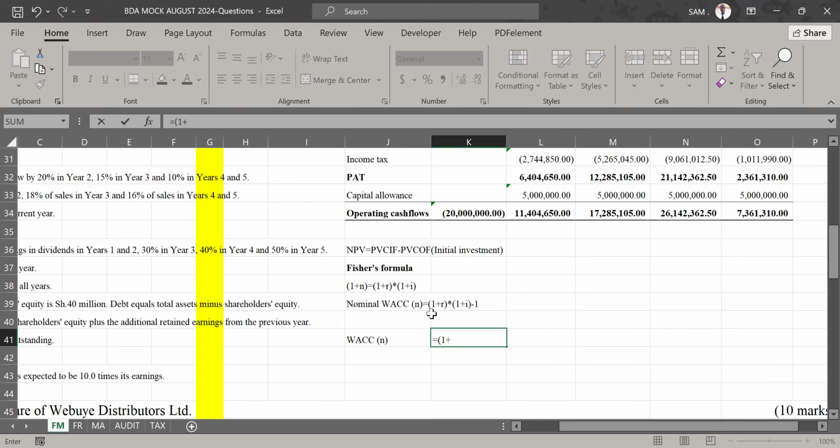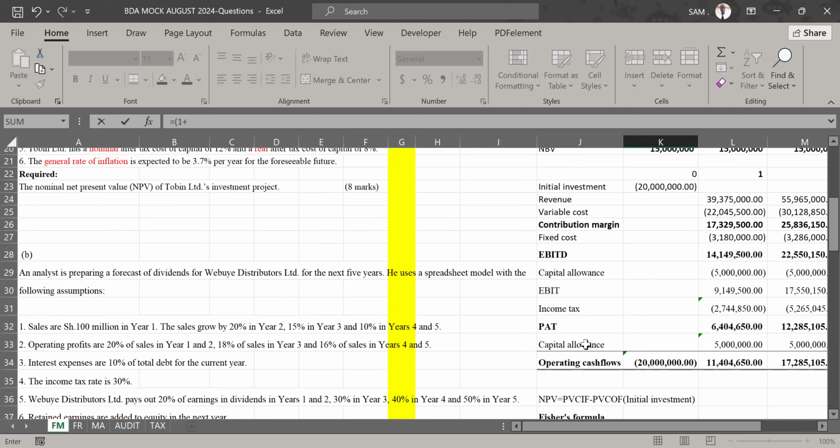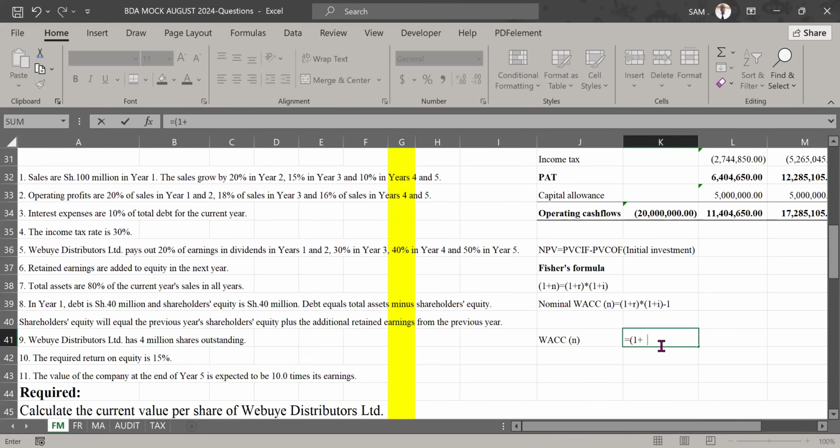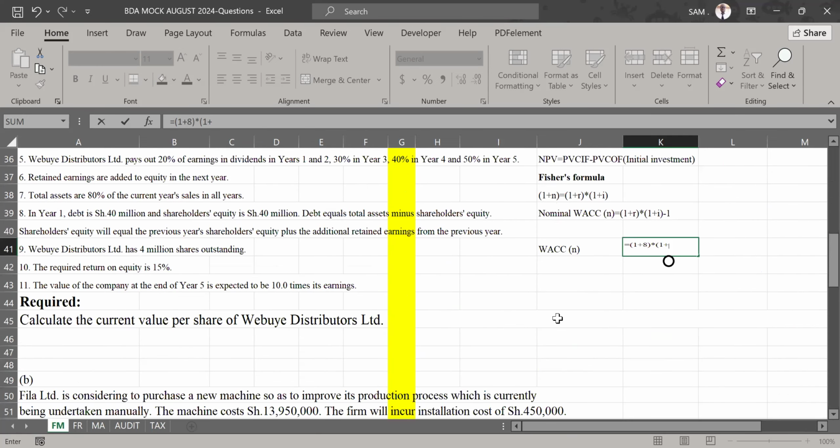What is our real rate? Let me go back to the question. It is 8. So 1 plus 8, close bracket, we multiply by 1 plus, what is our inflation adjustment? Inflation adjustment is 3.7%.